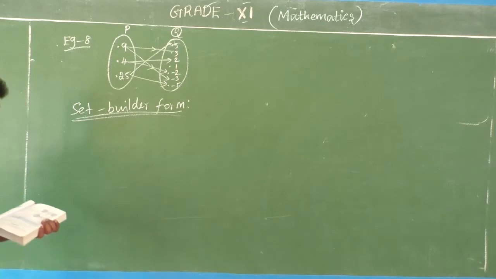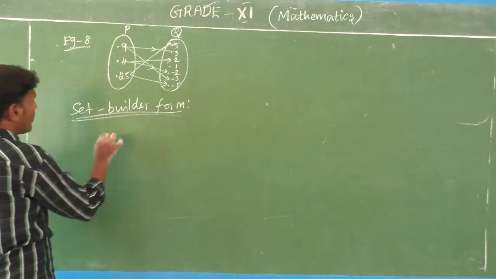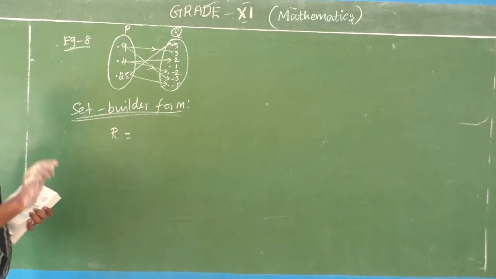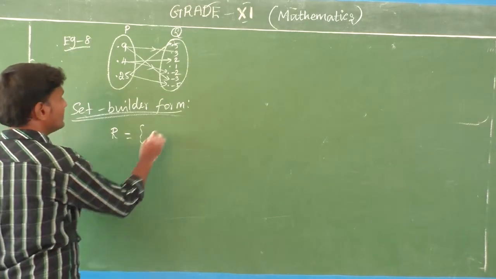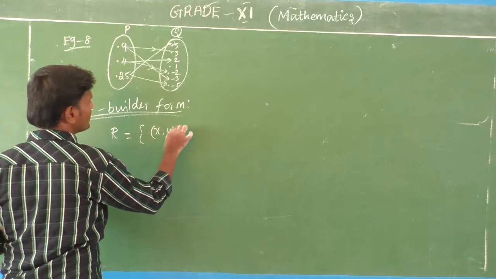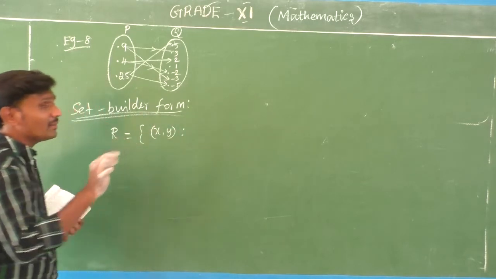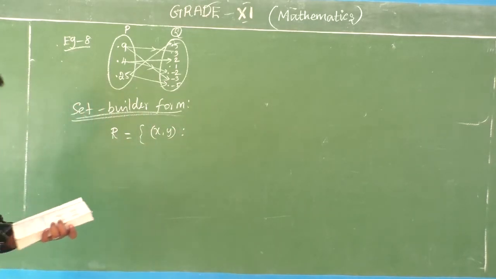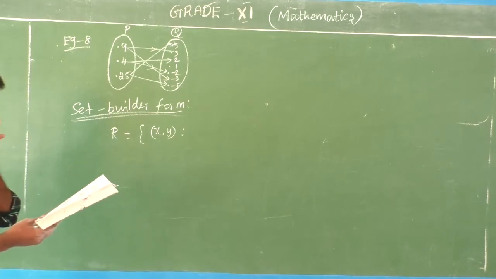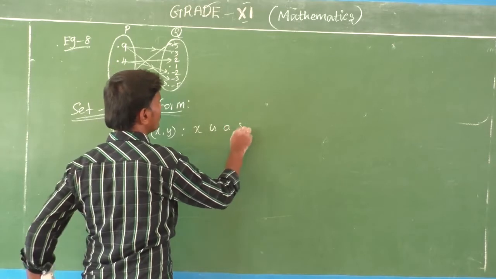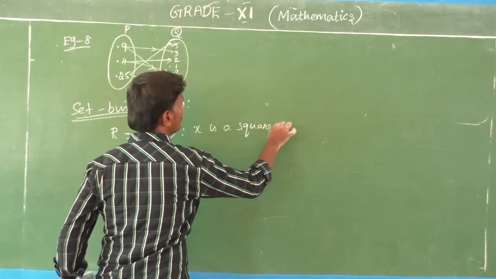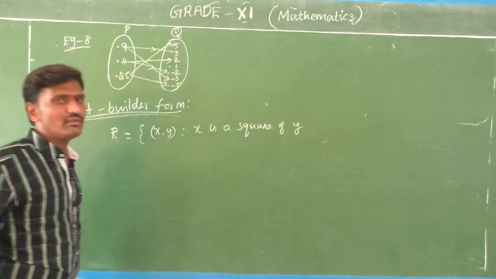Like that here also, listen, R is a relation. So R is equal to open the set bracket, x comma y such that, because x comma y is your ordered pair. So x comma y is such that x is the square of y. How, sir?